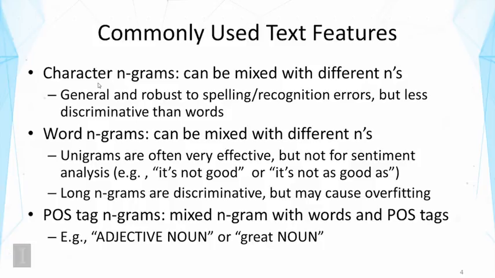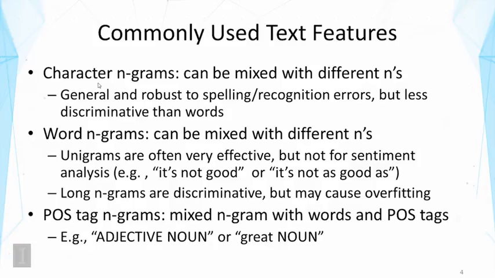So next we have word n-grams, a sequence of words. And again, we can mix them with different lengths. Unigrams are often very effective for a lot of text processing tasks, mostly because words are well-designed features by humans for communication. And so they're often good enough for many tasks, but clearly not sufficient for sentiment analysis.